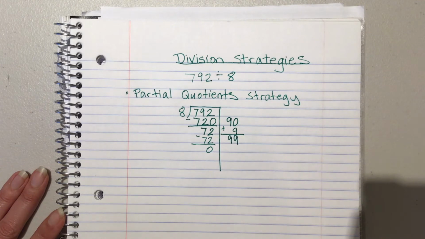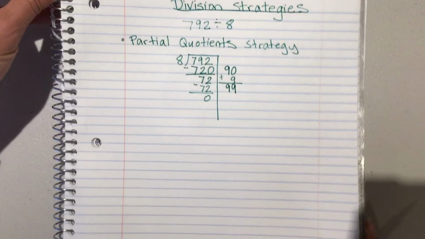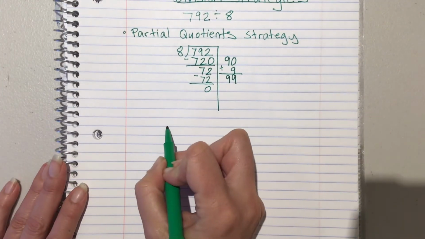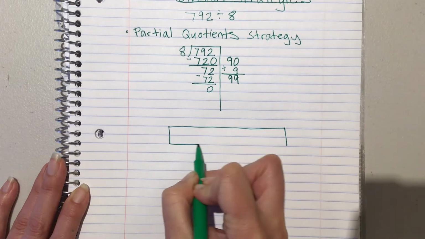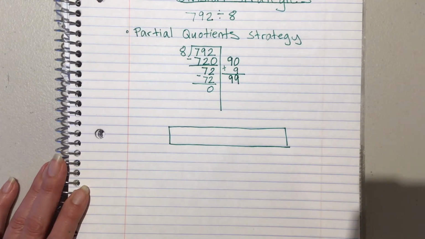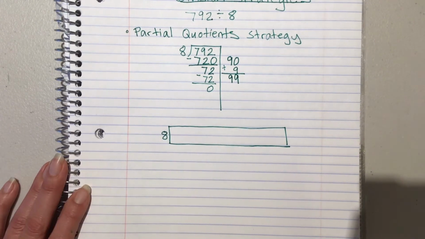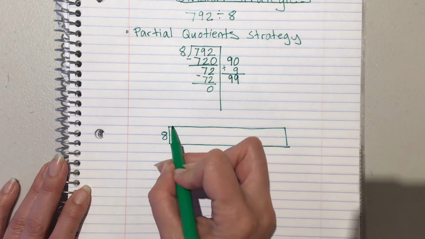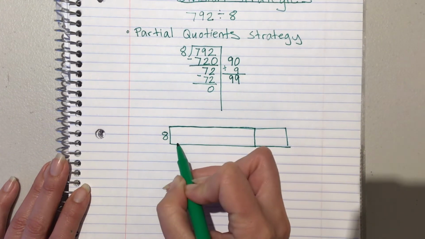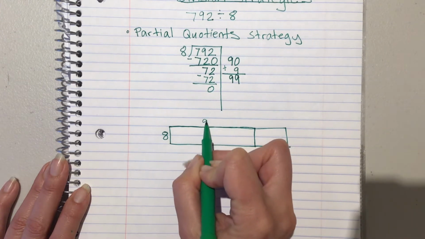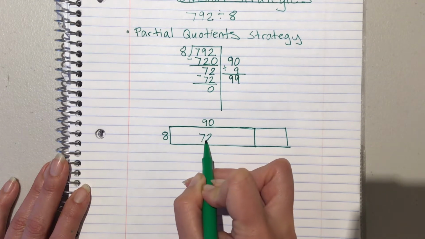Okay. Another way of looking at the partial quotient strategy of what we just did is you're going to draw a rectangle. Now over here, we're going to have 8. Now up here, we're going to make this 8 times 90. And that got us 720.